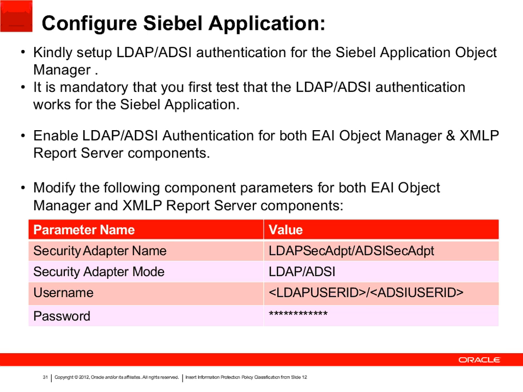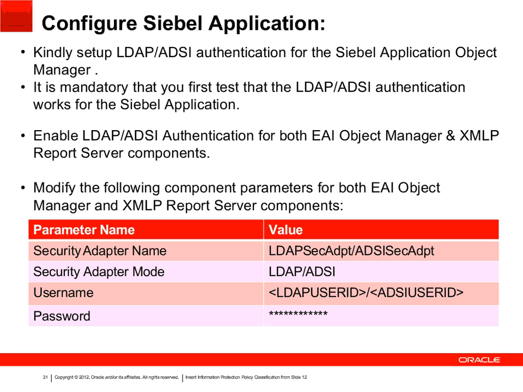Now, the important topic: which user ID and password should we use here? The user ID and password should be of a Siebel employee record that also has an LDAP or ADSI account. You can use the anonymous user account as well.